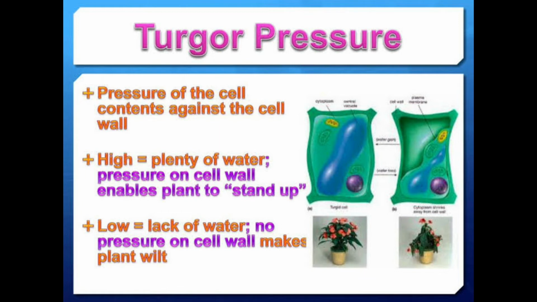So water diffuses into the cell, causing the cytoplasm to build up some pressure against the cell wall. This pressure is called turgor pressure. It was used in olden days, in the ancient period, to break up huge rocks.